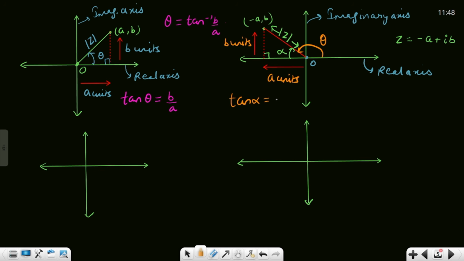Tan alpha is b by a, or we can give the modulus also, because it is length, and the length of the triangle cannot be negative.